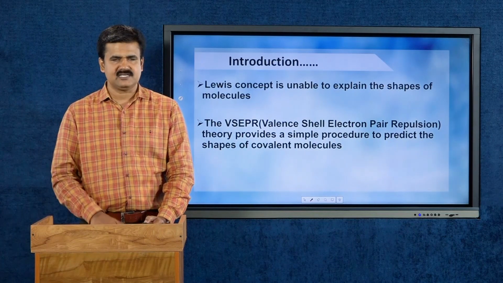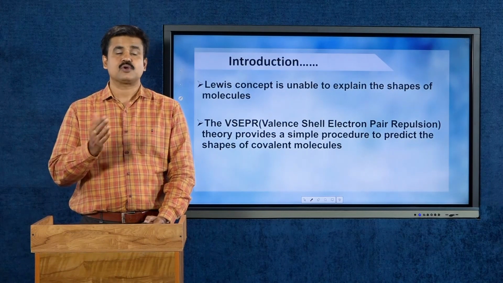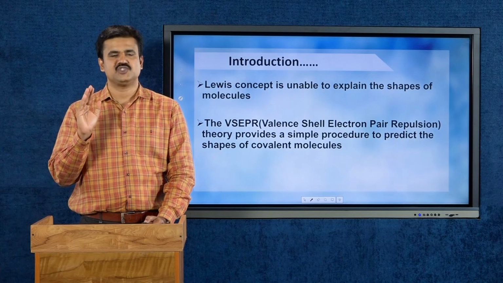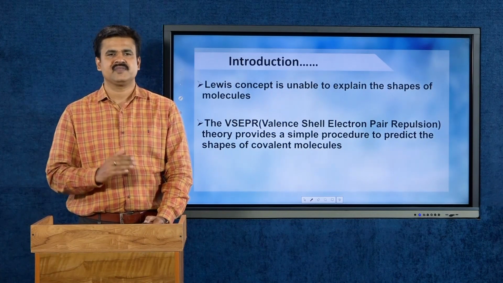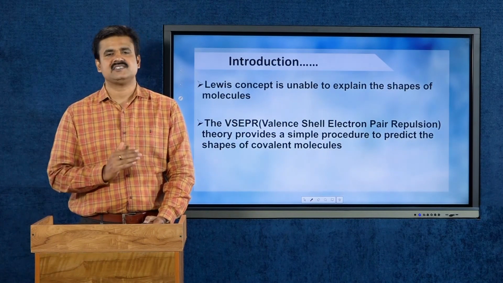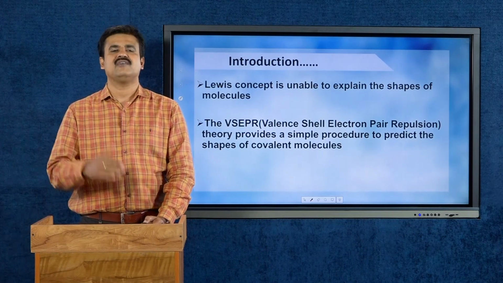It should be noted that the covalent bonds are directional. Therefore, covalent molecules have a definite structure and geometry. And this theory provides a simple procedure to predict such a shape or geometry of covalent molecules.